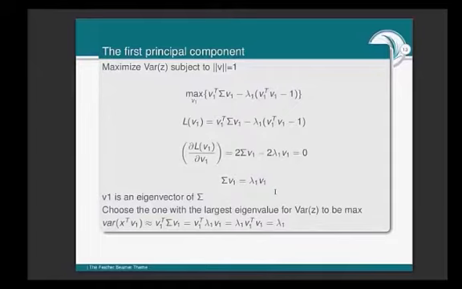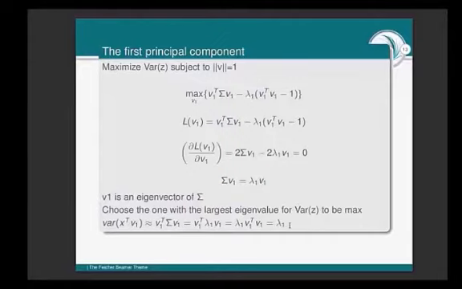Note, B1 is an eigenvector of sigma. If we replace this value in the variance of C, we have the variance of C is equal to lambda 1.